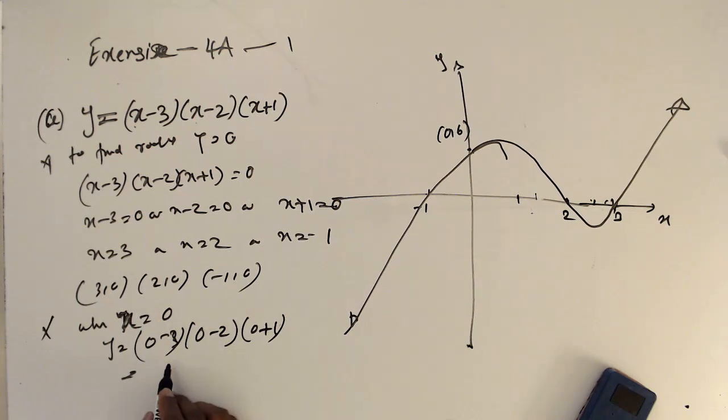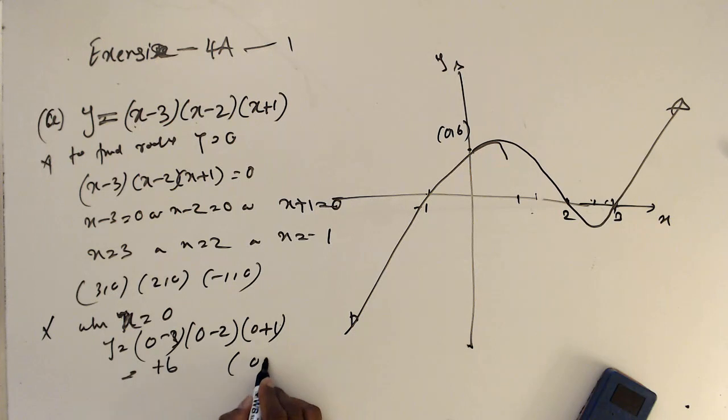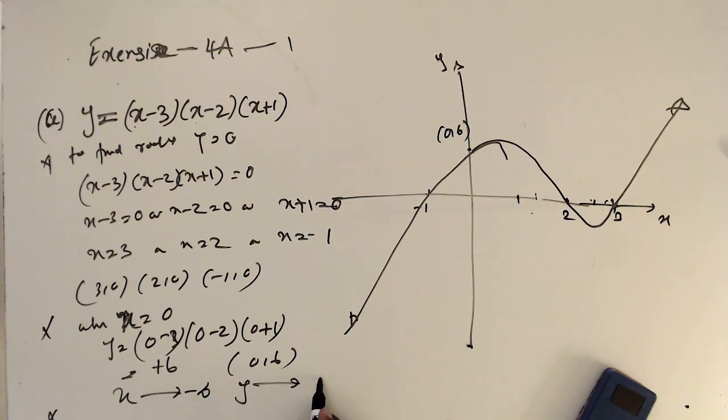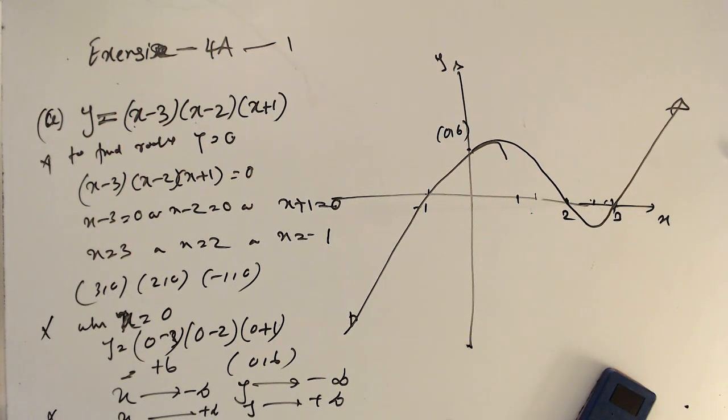This is positive 6. So this is (0, 6). And as x goes to minus infinity, y goes to minus infinity here. And as x goes to positive infinity, y goes to positive infinity. So this is the presentation.